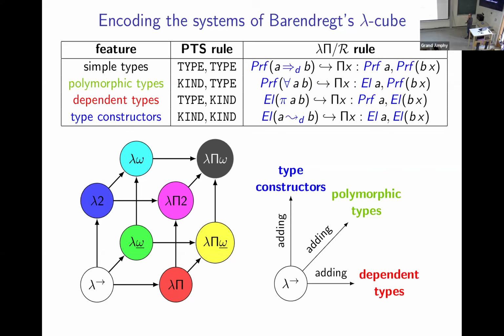Yeah, I think polymorphic types are lambda 2 and type constructors are lambda omega bar. Oh, yes. Never mind. That is important. Okay.